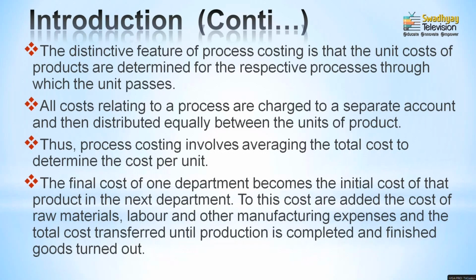Now, a distinctive feature of process costing is that the unit cost has to be identified, that the product costs are determined for the respective process through which the unit has passed. As we already discussed, the company may have identified different processes for the manufacturing of a product.